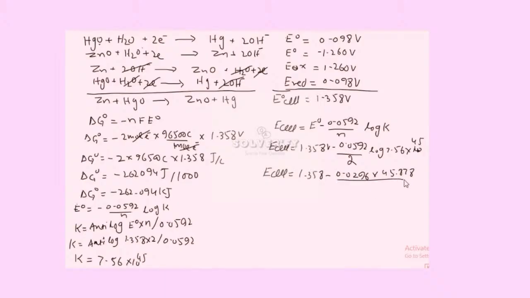When we multiply these two values, E cell is equal to 1.358 minus 1.358, so there is no change in the cell. So E cell is equal to 0. It means there is no change in the cell potential because hydroxyl ions are equal on both sides.